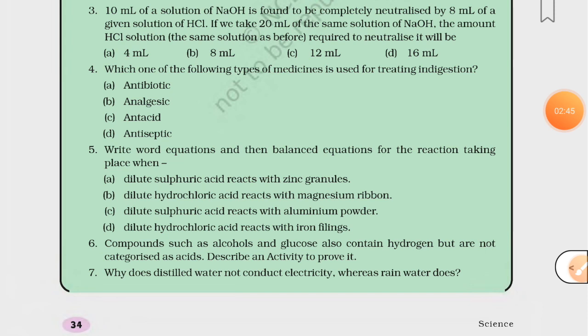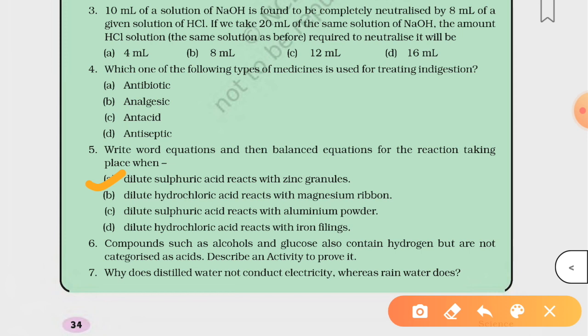Now the fifth one: you have to write the word equation and then balance the chemical reactions that are taking place. Firstly, you can read: dilute sulfuric acid reacts with zinc granules. So sulfuric acid, when it reacts with zinc, will form salt and hydrogen gas will be released.